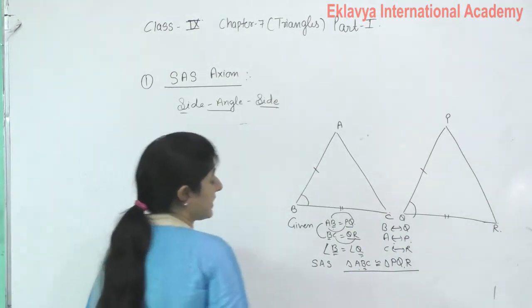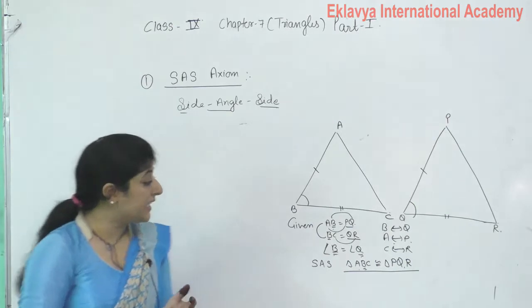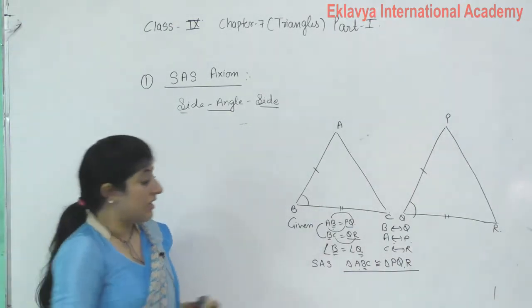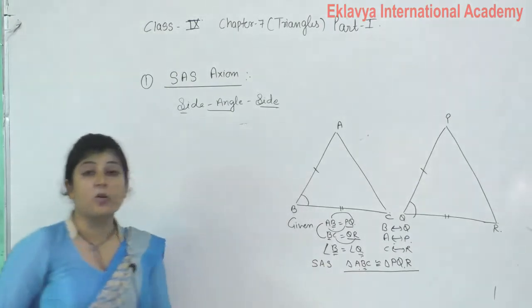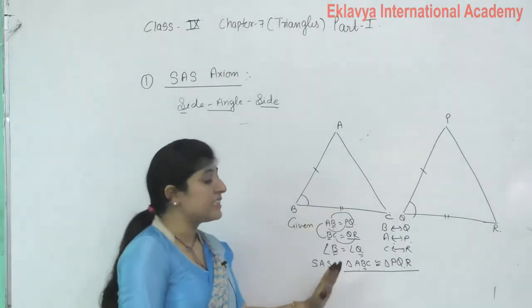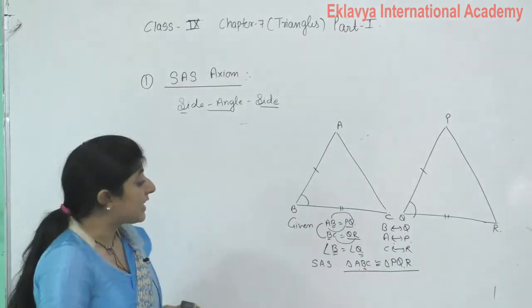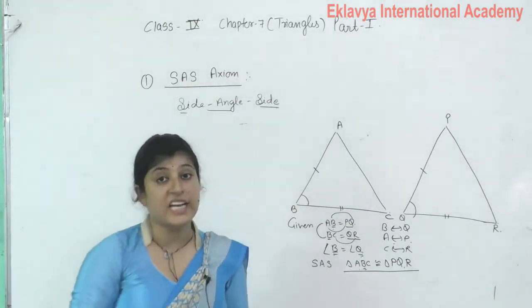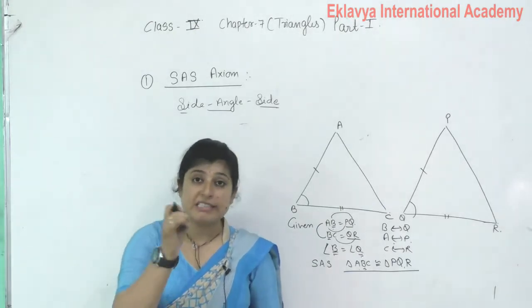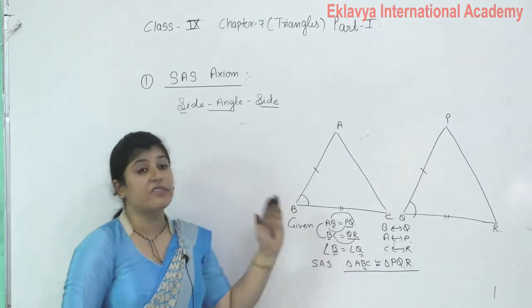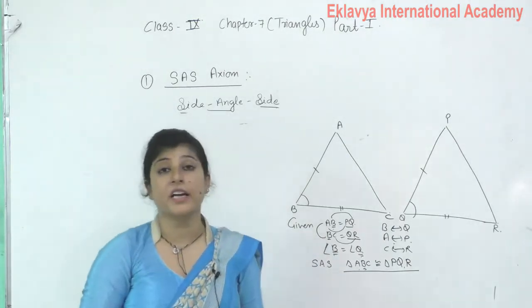Another example, okay, in this firstly complete it. Now what is the meaning of CPCT here? Whenever two triangles are congruent, and three elements are given in the information, then the remaining three elements, total 6 elements, 3 sides and 3 angles, we can compare. 2 sides and 1 angle are already compared.